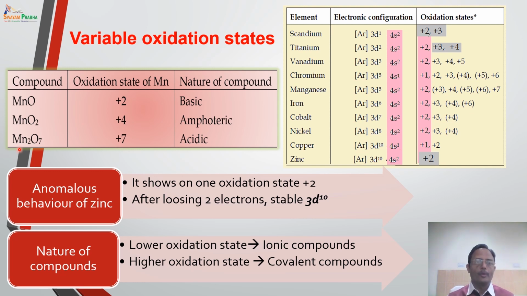And the more the polarizing power of the cation, the more the polarization, and hence the more the covalent character of the compound. Now from MnO to MnO2 to Mn2O7, when we move with increase in oxidation state of the metal, the covalent character goes on increasing, the ionic character goes on decreasing, and so the compound becomes more and more acidic with increase in the oxidation state.